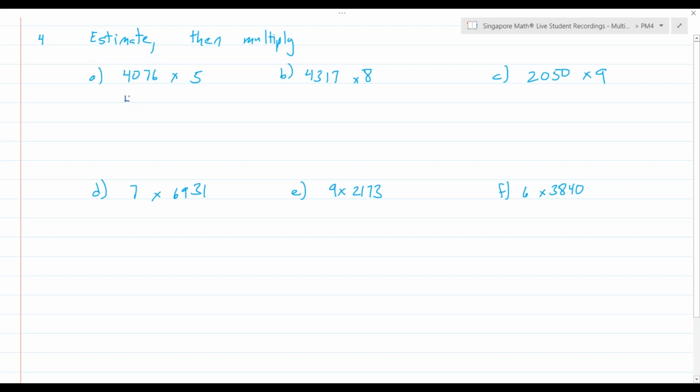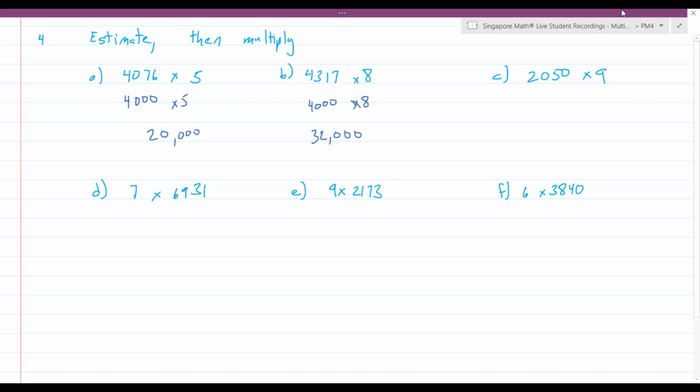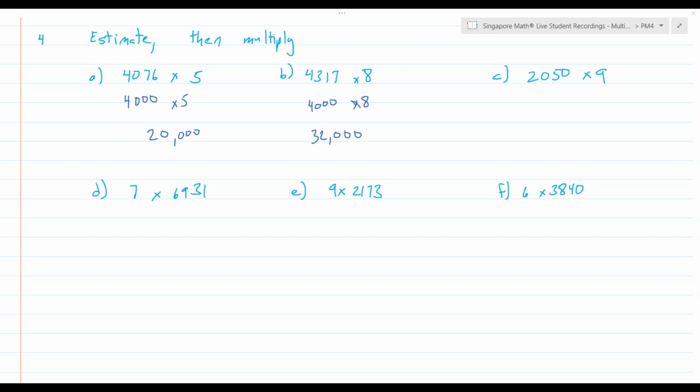So we're going to make it really easy. 4,076 is about 4,000. 4,000 times 5 is 20,000. 4,317 is closer to 4,000 than it is to 5,000. 4,000 times 8 is 32,000. So that's about 32,000. 2,050 is about 2,000. 2,000 times 9 is 18,000.